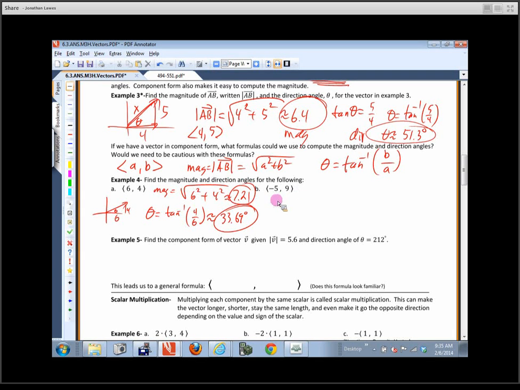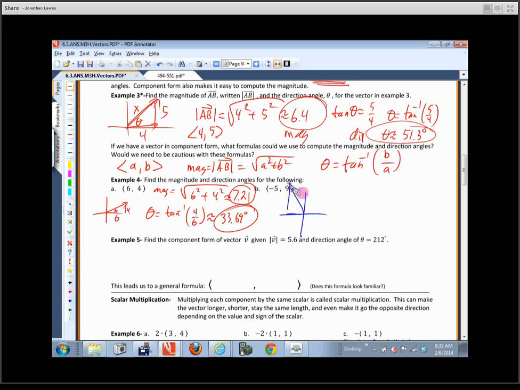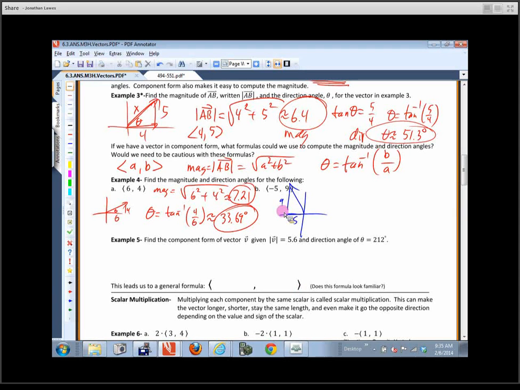Notice that we've got a negative here. So on this problem, I'm going to change colors. So -5, we're going back 5 and we're going up 9. So a little bit taller. So here's our vector. -5 here and 9 here. So the first worry is if I'm finding the magnitude, we said we should take the square root of -5 squared plus 9 squared.